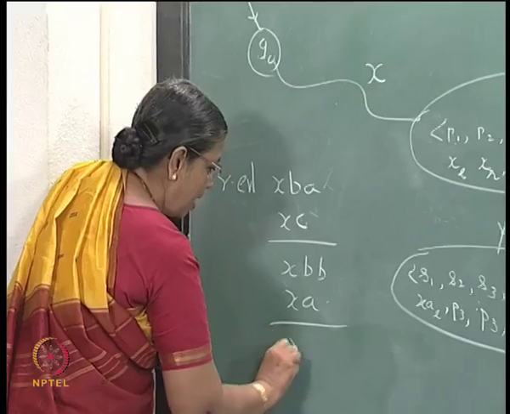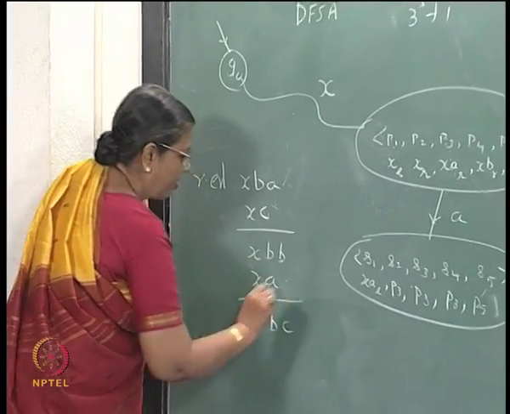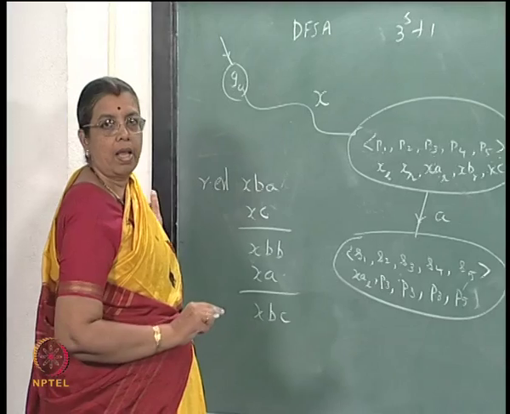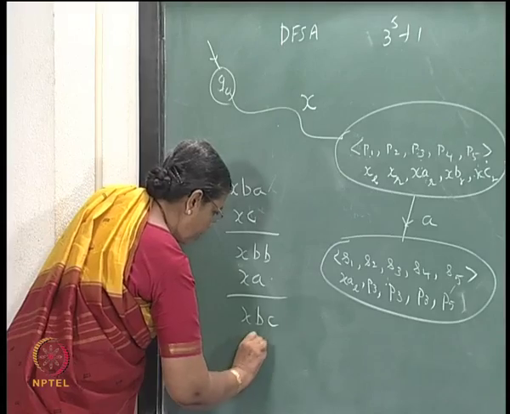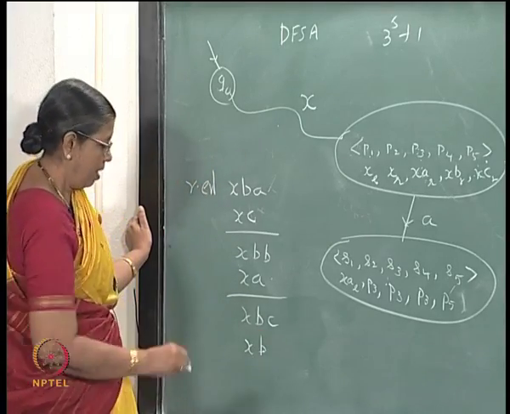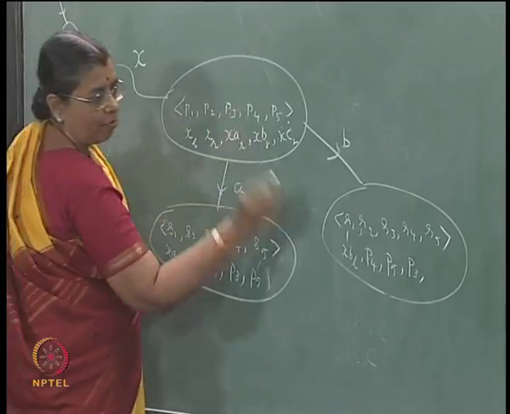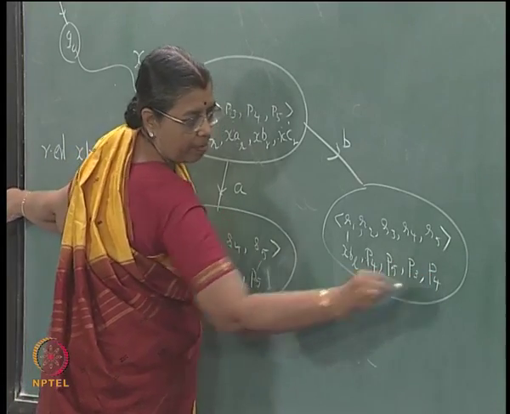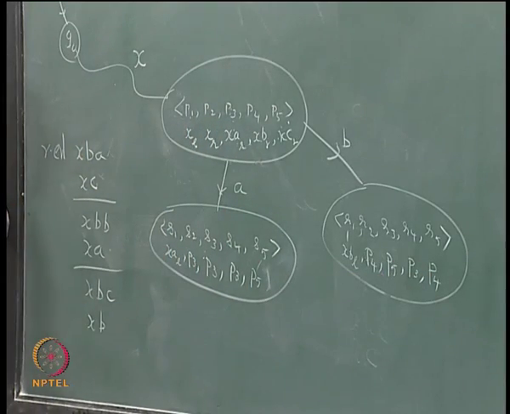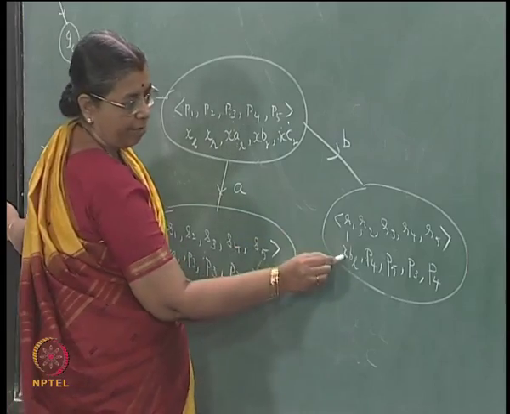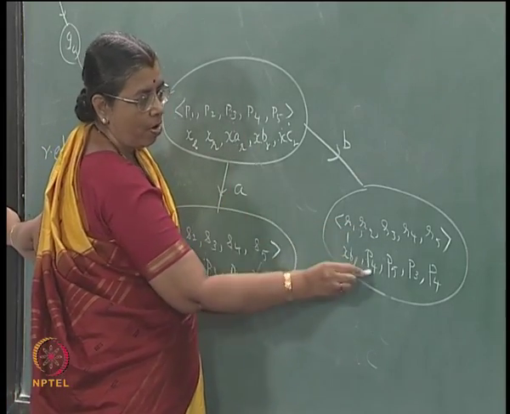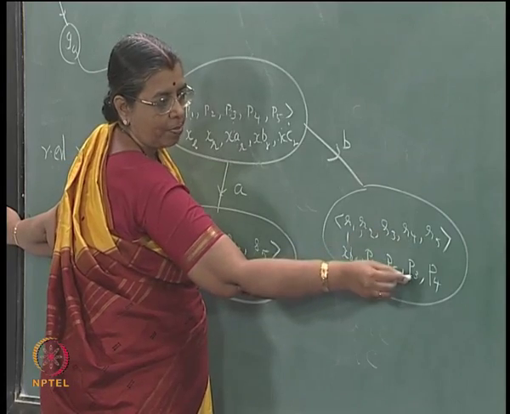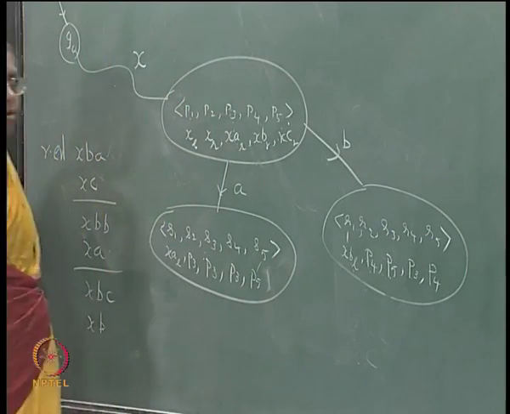It is the right evaluation of XBC. From the table, what is BC? BC is B. So, the right evaluation of XB is P4, and you will get P4 here. So, R1 is the left evaluation of XB, which you have to determine. Then R2 is just P4, R3 is P5, R4 is P3, R5 is P4.